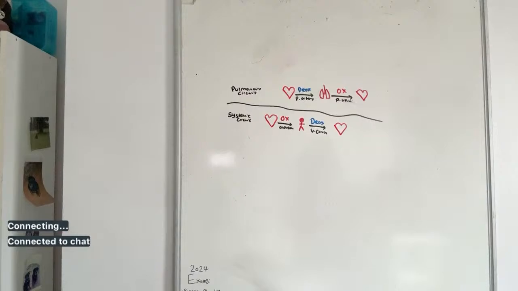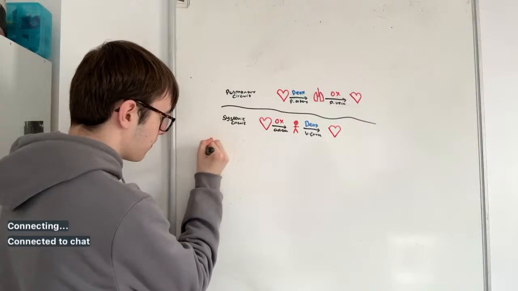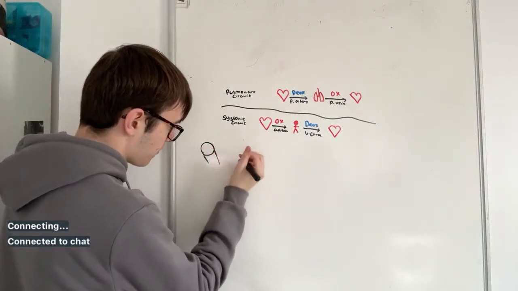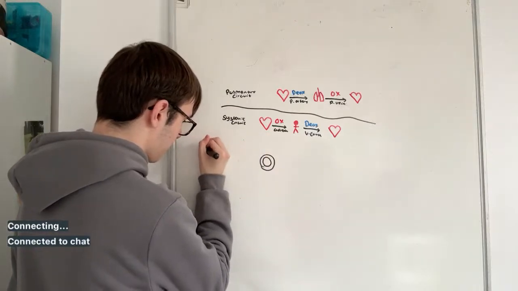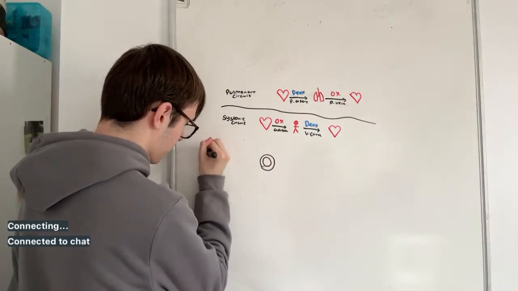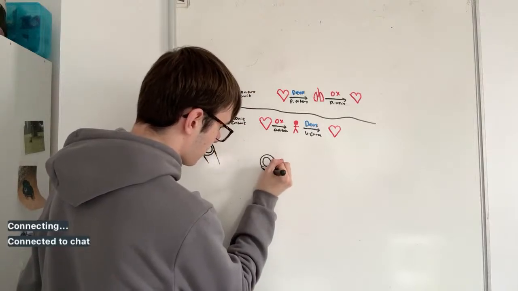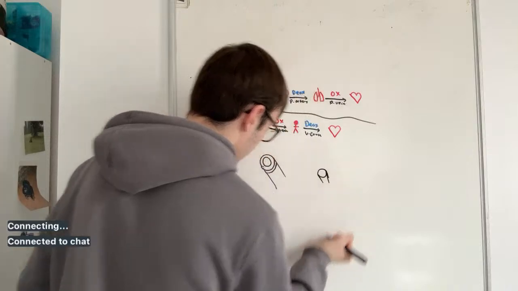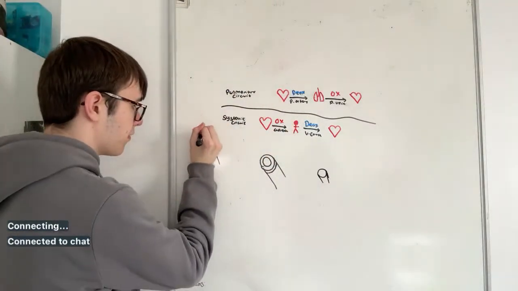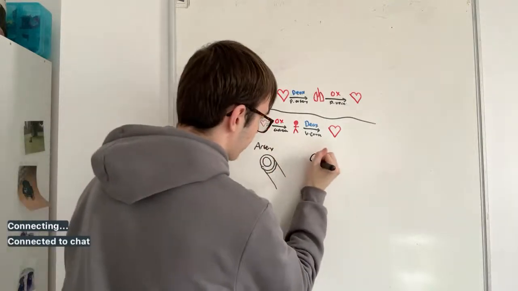Nice and easy. Okay. Now, the 3 types of blood vessel. Your vein, artery, capillary.